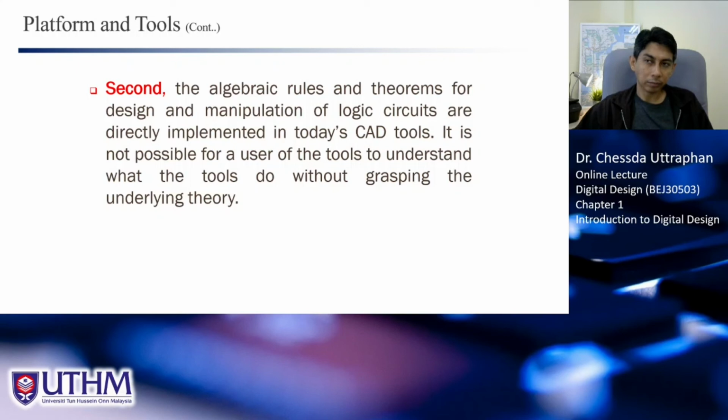So if you are an engineer designing a digital circuit, you just give the equation to the computer and let the computer do that. Actually, you have no idea what the computer does. Sometimes, as we will see in chapter 6 when we learn how to optimize the algorithm, the computer will not give you the best solution.